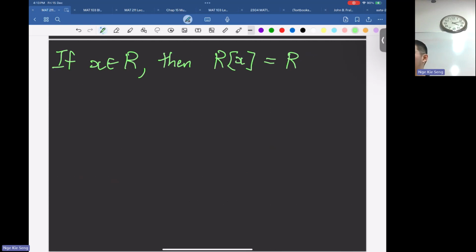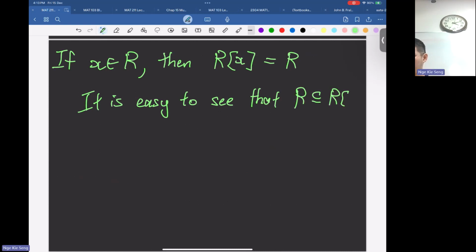One way is easy, right? It is easy to see that R is a subset of R adjoin X. But the other direction is still easy because R is closed under multiplication.